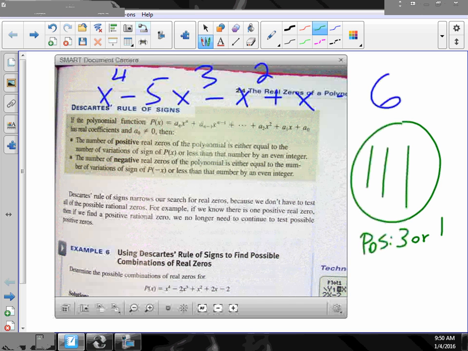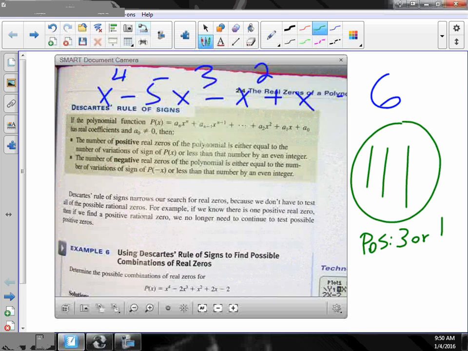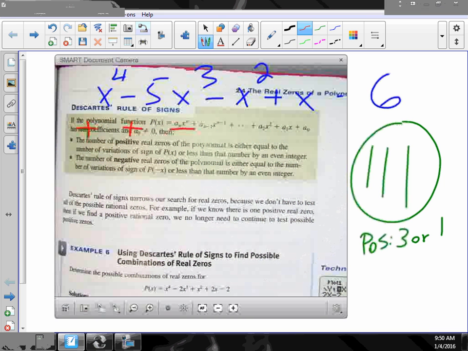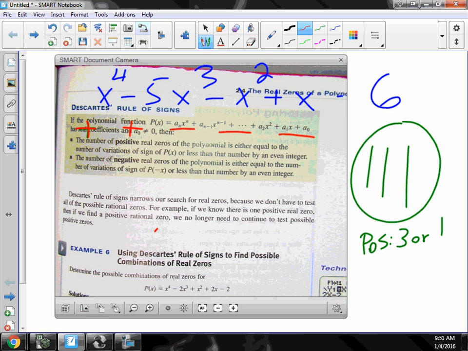Negative x to the fourth is equal to x to the fourth, right? So this would be positive. Would this change? Yes. So that would change to be positive. Let me switch colors. Would this change? No. That would stay negative. Would that change? Yes. So how many sign changes do you see? 1.